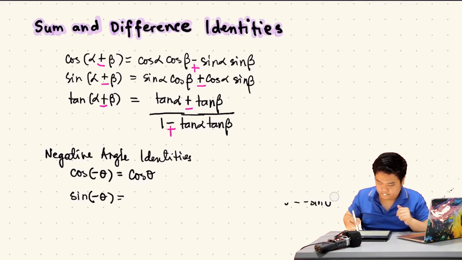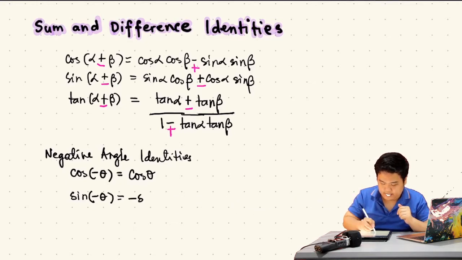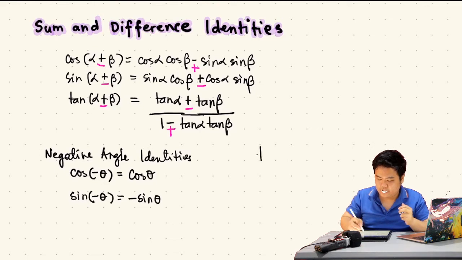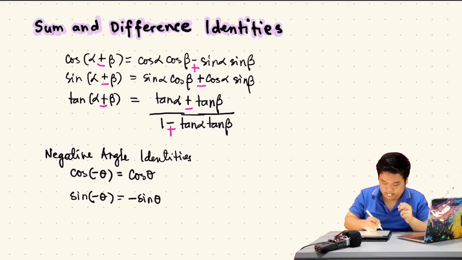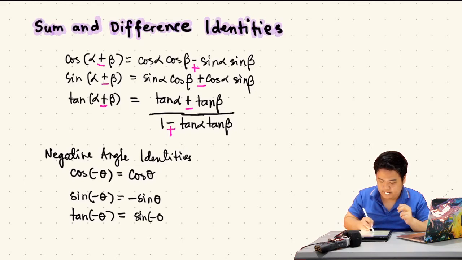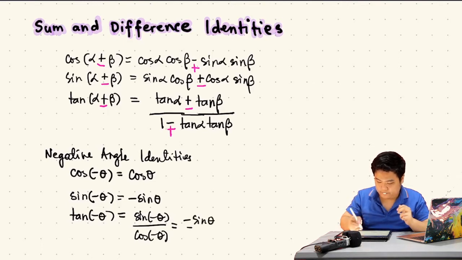Okay. So, rewrite ko lang. Negative sine theta. How about tangent negative theta? This is sine negative theta over cosine negative theta, which is negative sine theta. At ito, pwede mong disregard na lang yung negative kasi cosine naman. Which is negative sine theta over cos theta, negative tangent theta.